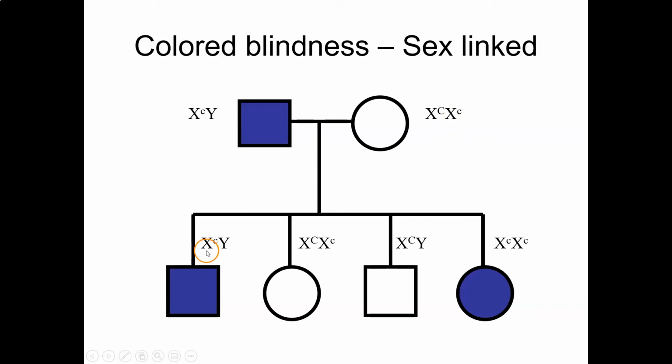The children, one of the boys is going to be born with the recessive allele, meaning he will display color blindness. The daughter, heterozygous. This other son, heterozygous as well, because when it comes to men, only the mother provides the X chromosome, because the father is the only one that can provide the Y. So all the X chromosomes for boys come from the mother.